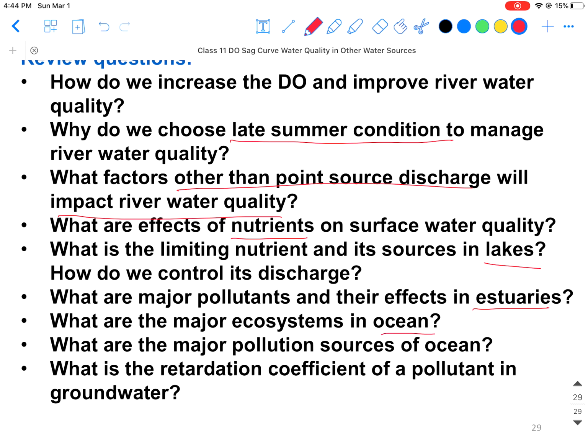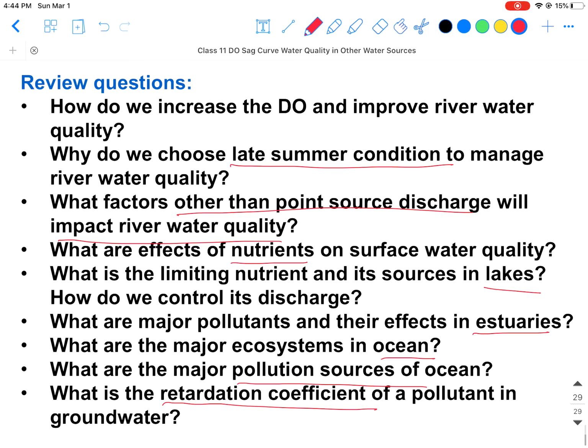In terms of lakes, estuaries, or oceans, what are the major factors that we need to worry about? And what are the major pollution sources of the ocean? And what is the retardation coefficient of a pollutant in the groundwater? Okay, so I would say that this class contains quite many mathematical derivations on the oxygen deficit, right?